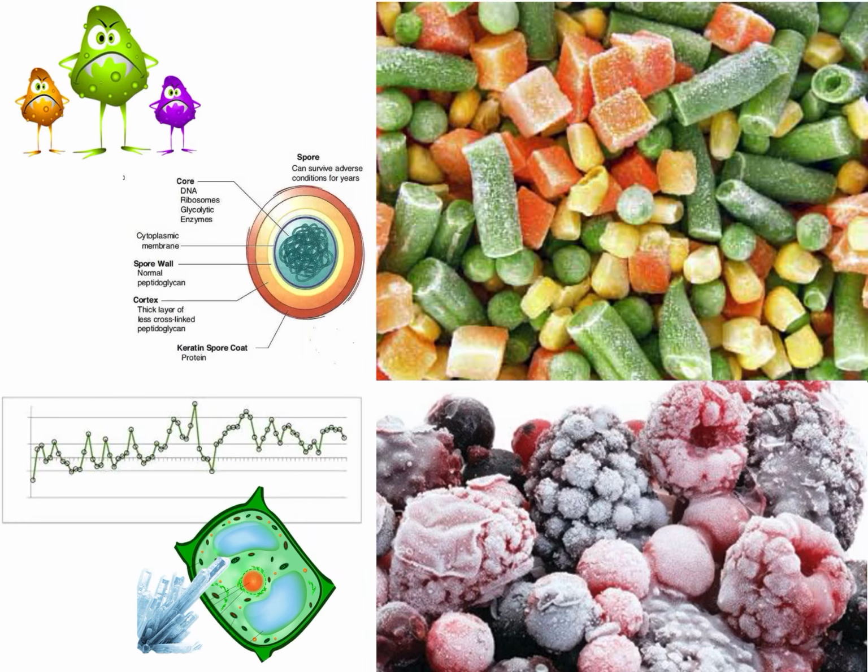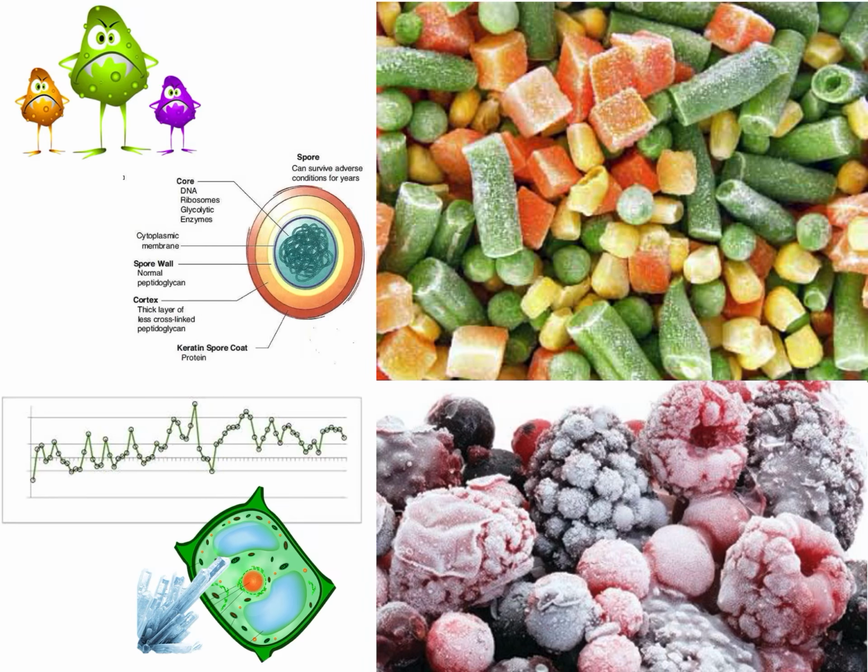As you know from the previous lecture, using a cold temperature like -20 degrees Celsius for freezing fruit and vegetables will not kill the microorganism or its spores, but it can just slow down the reaction or the growth rate of microorganisms.